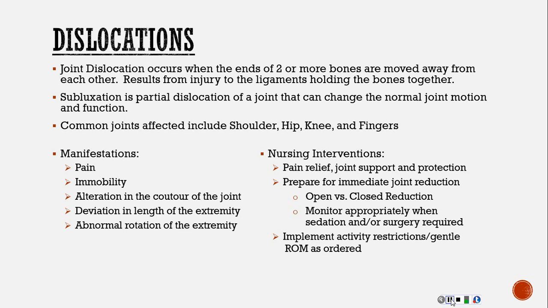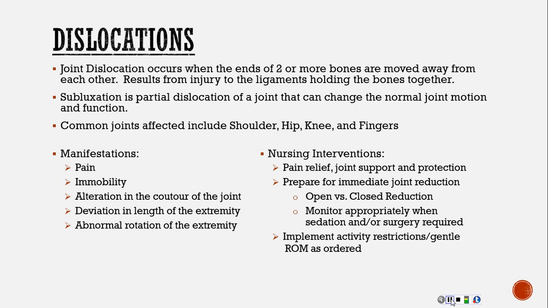They're going to take an image before, and then they're going to reduce, and then they're going to take another image after, make sure it's where they need it to be. And we're kind of moving into fractures a little bit, but that's kind of the way that goes. But if they are using sedation, and like you said, in the ER, commonly they'll do conscious sedation, or not sedation, but local anesthetic, that sort of thing, and then just do it there at the bedside or in the ER.